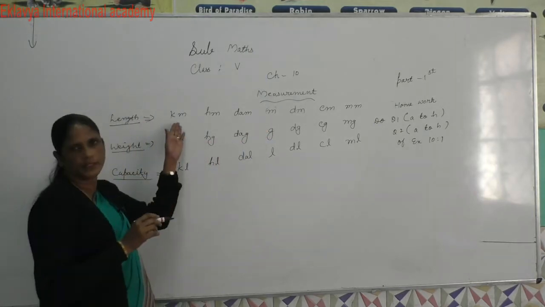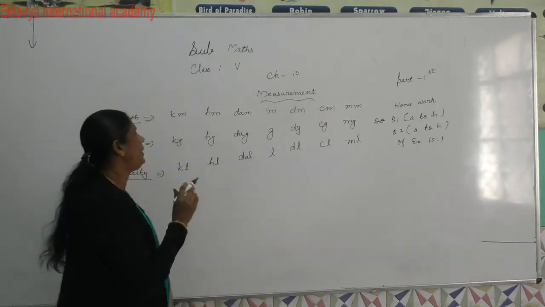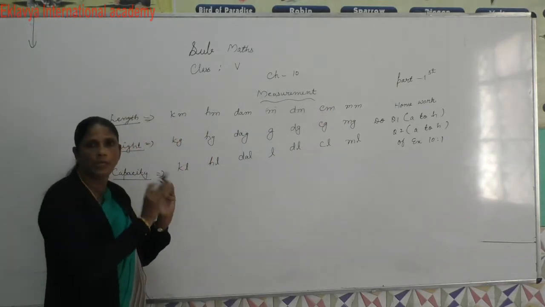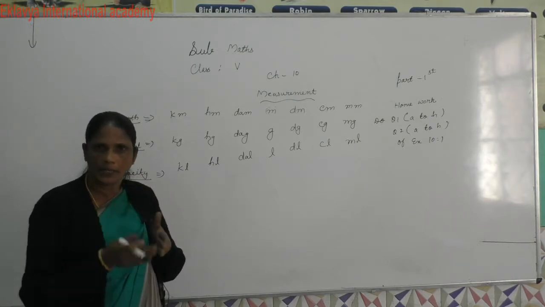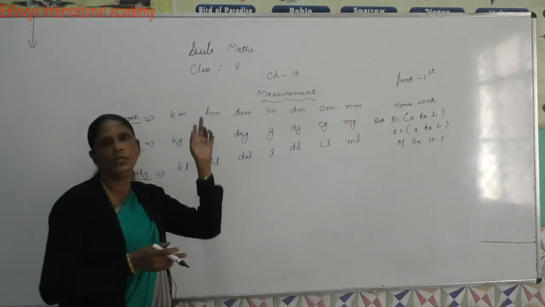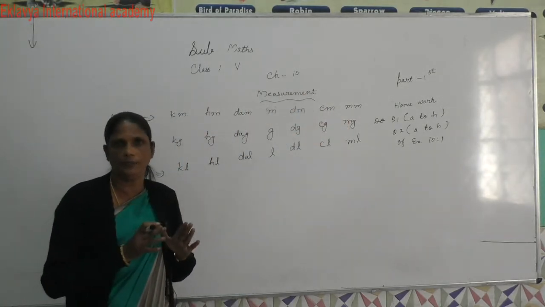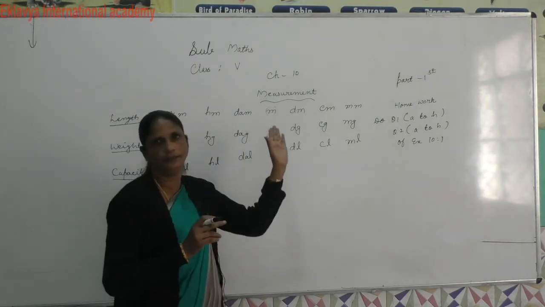This is the highest unit and this is the smallest unit. Going from bigger to smaller unit we multiply; from smaller to bigger unit we divide, according to the distance.